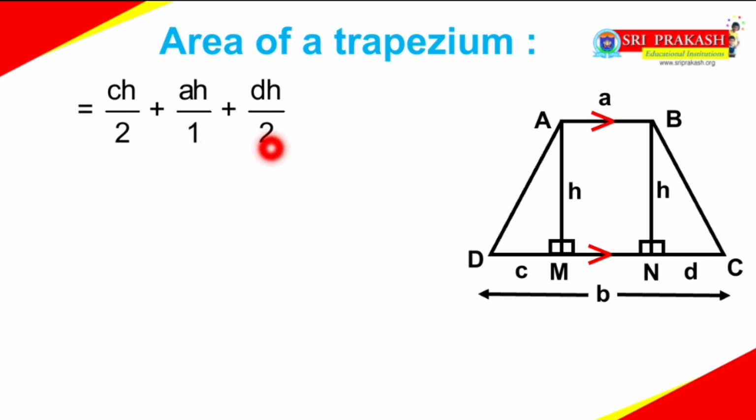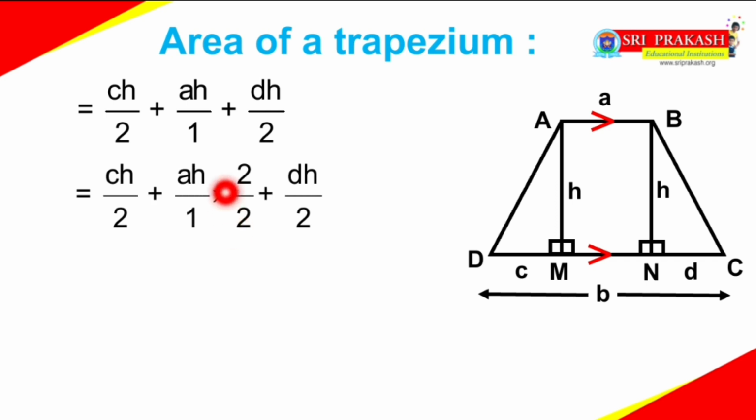Children, now we need to add these three fractions. For that, we need to convert these fractions into like fractions. Children, what are like fractions? Yes, the fractions whose denominators are equal are called like fractions. Now, to convert into like fractions, we need to multiply ah by 1 with 2 by 2.